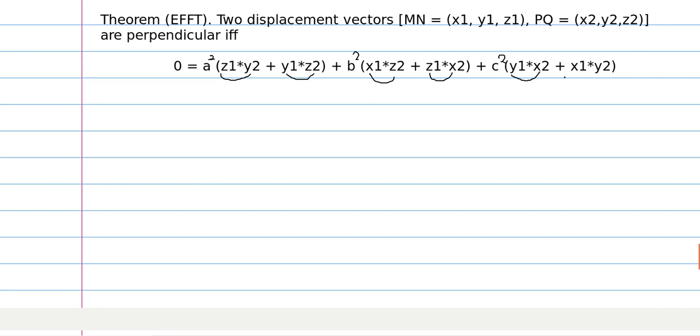And so, therefore, if we were to multiply just one of these displacement vectors by a constant, the equation would still hold true. And more than that, we know that the sum of the coordinates of a displacement vector is a homogeneous equation, because if x plus y plus z is 0, then kx plus ky plus kz is 0.